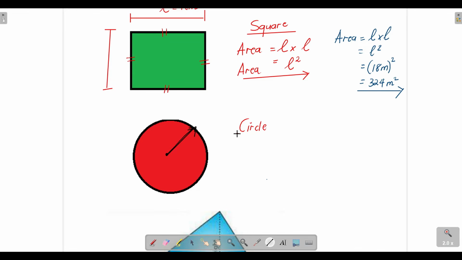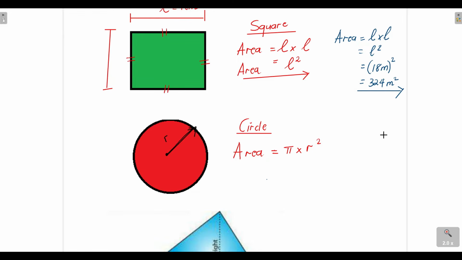If you're given a circle with a radius r, how would we calculate the area of the circle? To calculate the area of a circle that has radius r, the formula that we use is area is equal to pi multiplied by the radius squared.